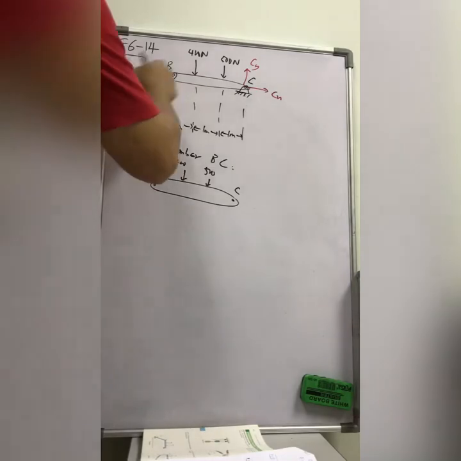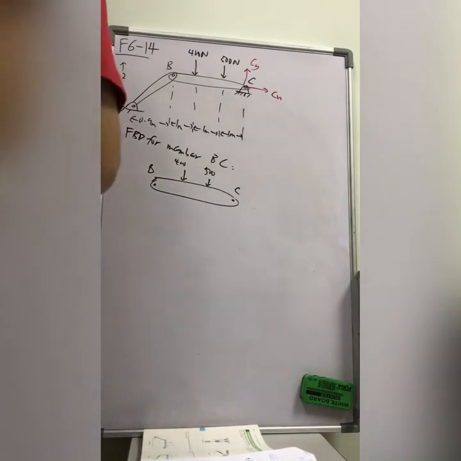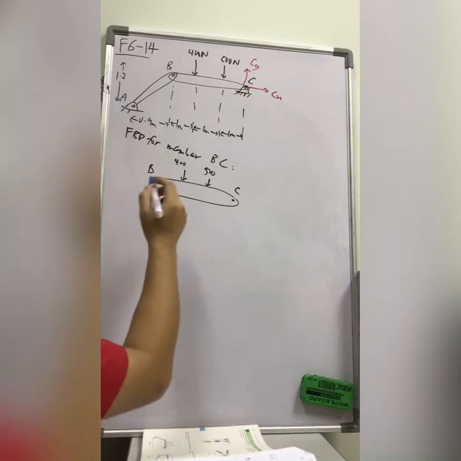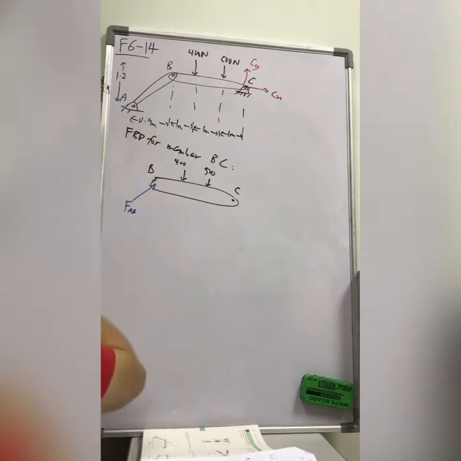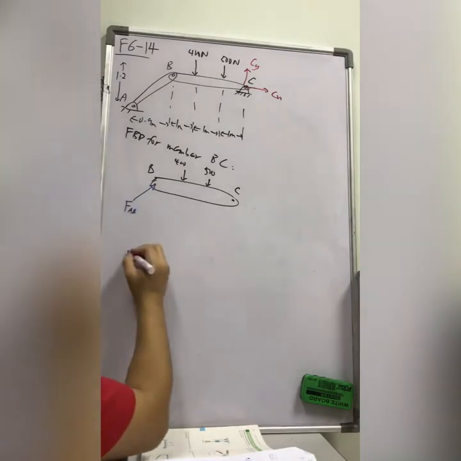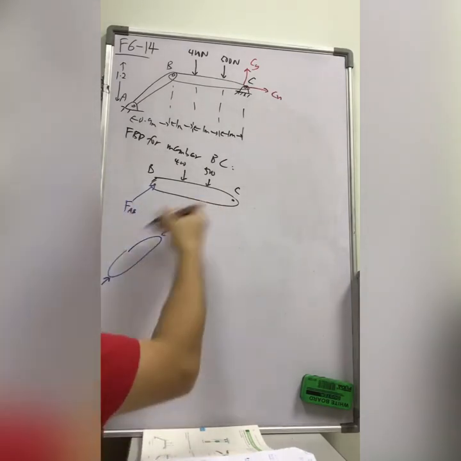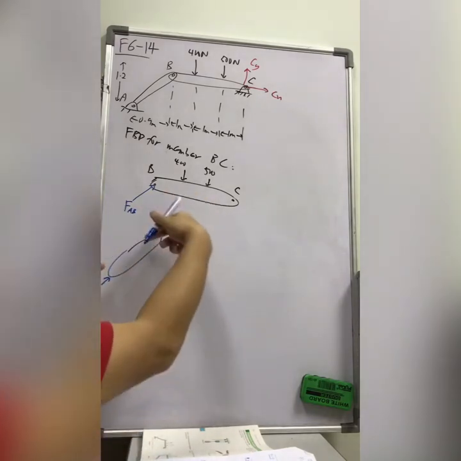If you don't know that this is a two-force member, you will say that because it's a pin, you have Dx and Dy. But because you know that it is a two-force member, it simplifies to just FAB along the member AB. So this is FAB.